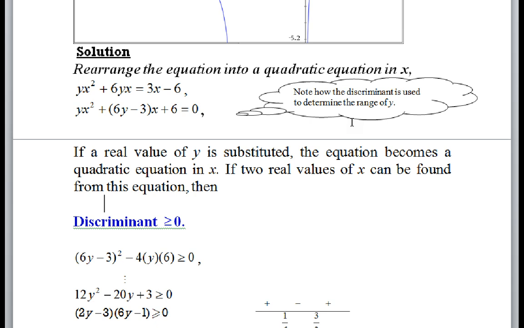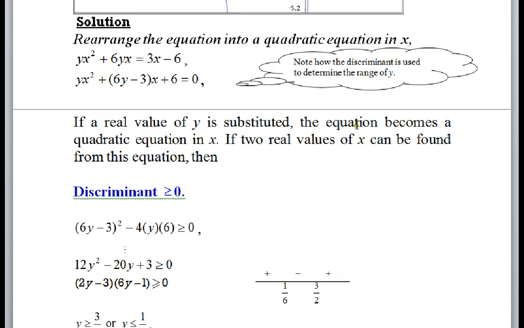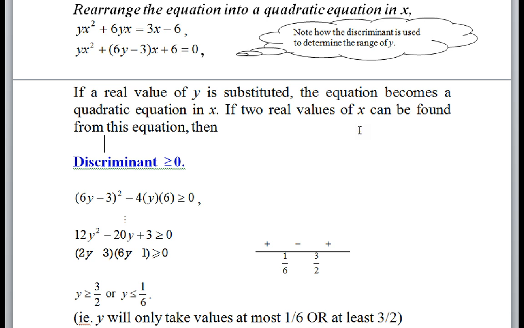Okay, the rest is easy because you say, oh, discriminant greater or equal to 0, okay, b squared minus 4ac greater than or equal to 0, solve. You realize that your y, find out what this means. This means that, I'm going to say in words, I'm not going to write down.